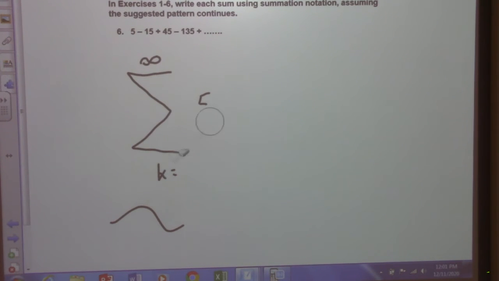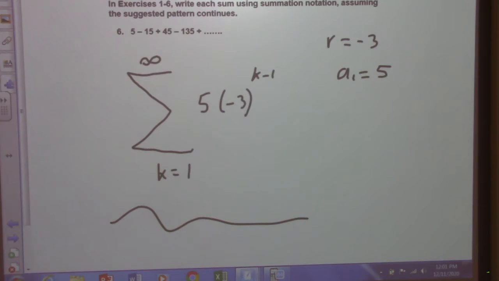How do you figure out what k equals on the bottom? What you have to do is, I kind of showed you that earlier. You have to look at what happens if I plug in 1. If I have k equal 1, it has to come out to the first term. So you just do a test. If I have k equals 1 and plug this in, I'm going to get negative 3 to the 1 minus 1, or negative 3 to the 0 power. Well, that's 1. So if I plug in 1, the first term is going to be this.